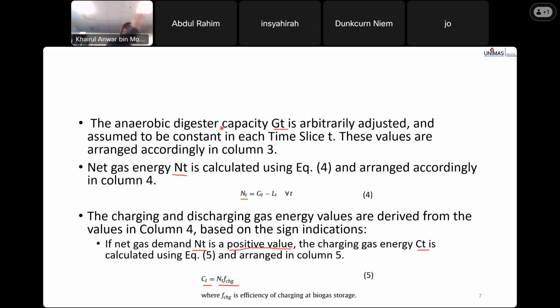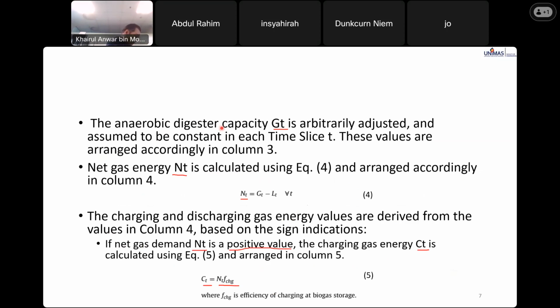Next, the anaerobic digester capacity, GT, is arbitrarily adjusted and assumed to be constant in each time slice T. This value is arranged accordingly in column 3.